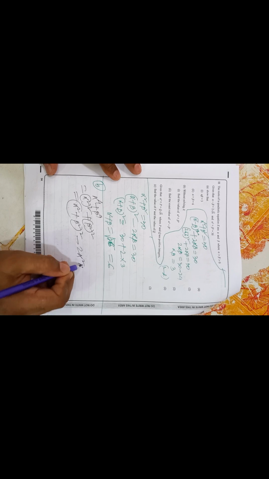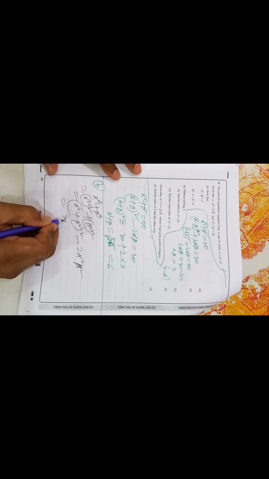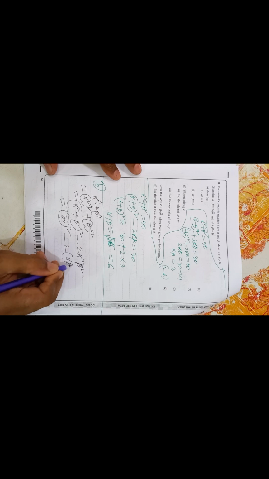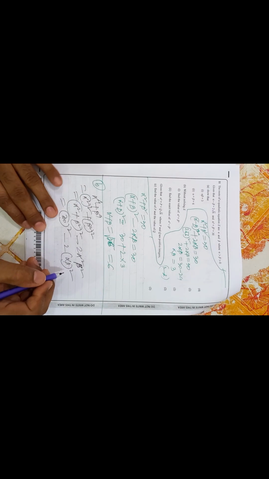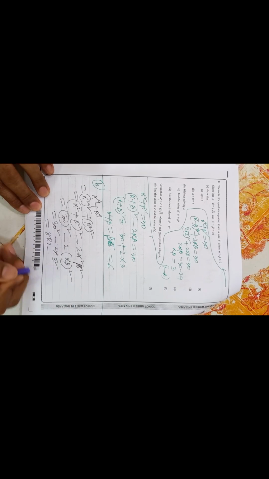A is alpha square, b is beta square. Alpha square plus beta square, we got 30. So we could write 30 square minus 2 times alpha beta. Alpha square beta square means alpha beta whole square. That is 3. So this is 30 square minus 2 times 3 square, 9. Finally calculating, we will get 882.